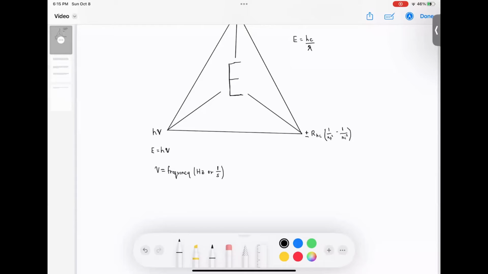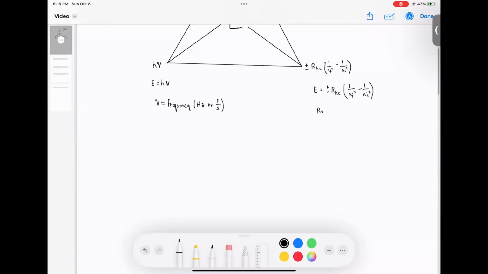Cool. All right, let's go to the other edge. E is equal to plus or minus RHC times 1 over NF squared minus 1 over NI squared. What does RHC mean? That is a constant, Rydberg's constant, something that should be given to you on your exams and formula sheets.